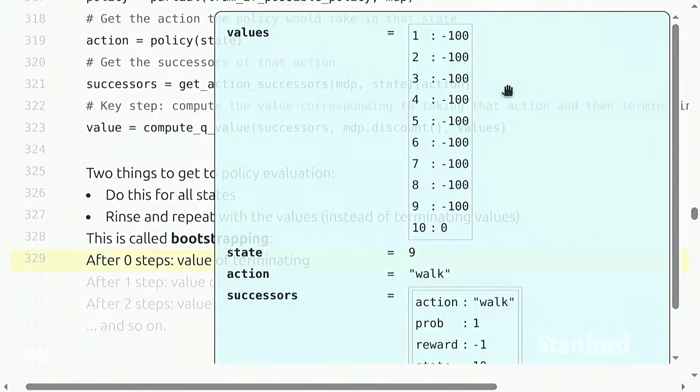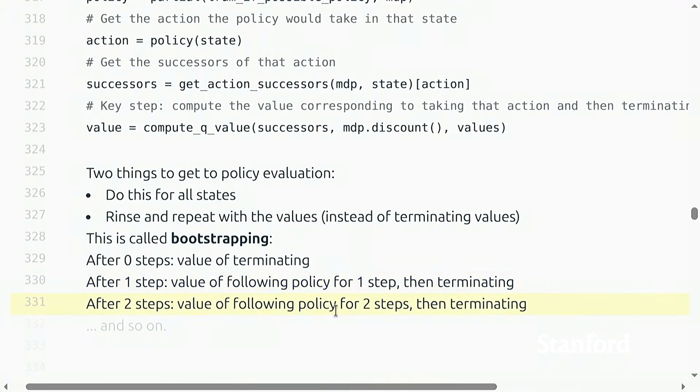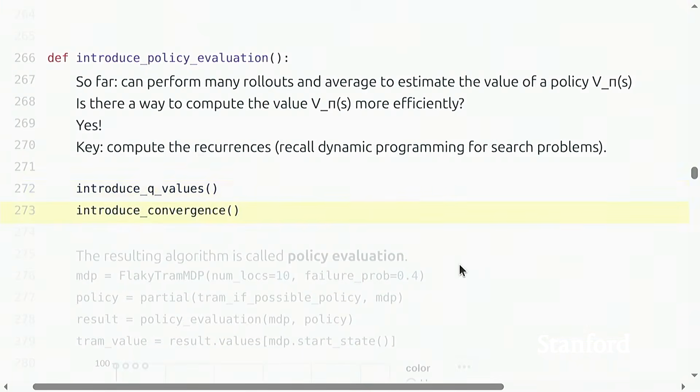And that's why they look like this, because if I terminated, then I get 0 reward at the end state, and everything else is essentially invalid. After 1 step, what I want is that the value represents the value following the policy for 1 step, and then terminating. And after 2 steps, the value of following the policy for 2 steps, and then terminating, and so on. Okay, so let me run this.